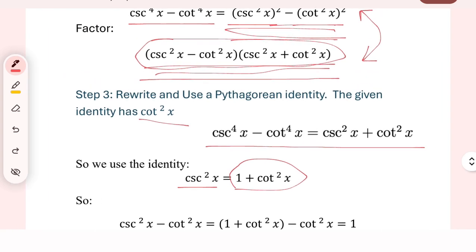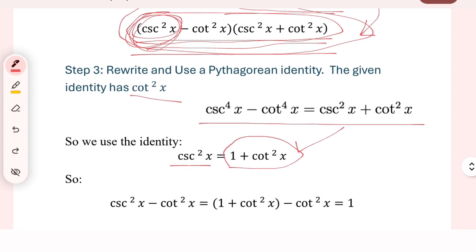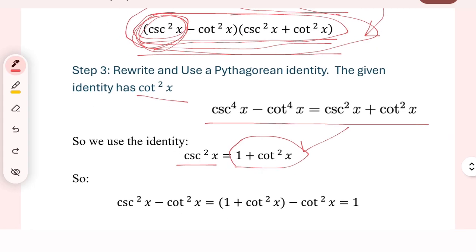So if we go back to this one, we can replace this cosecant square with 1 plus cotangent square. So here it is. Cosecant square x minus cotangent square x: we replace cosecant square with 1 plus cotangent square, and we subtract cotangent square.